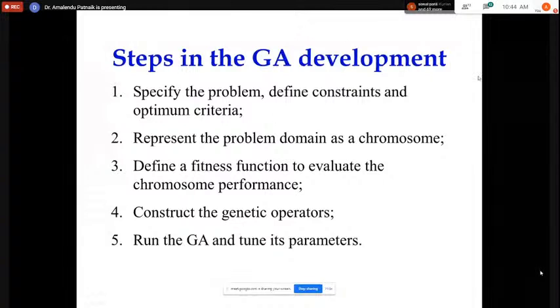And define constraints. You see what variables are involved in that particular problem and what the limits are. Limits means, for example, if it is a microstrip antenna and the substrate dielectric constant, the minimum you should fix at, suppose, 1.8 or 2, and the maximum is like 10 or 12.